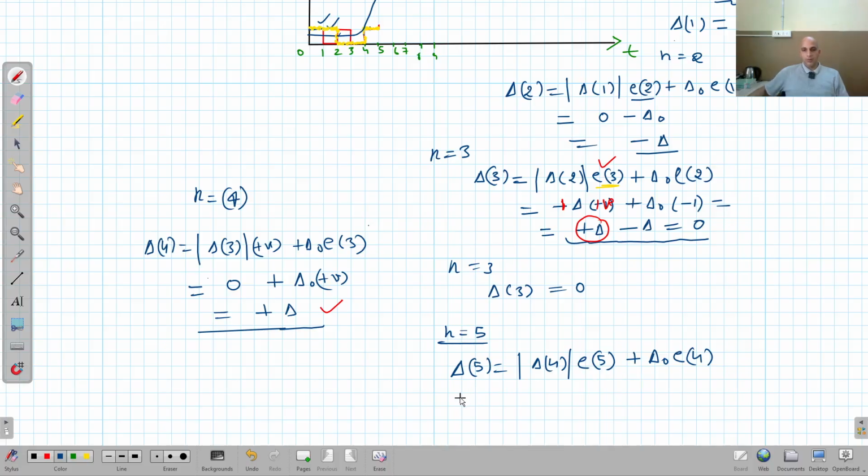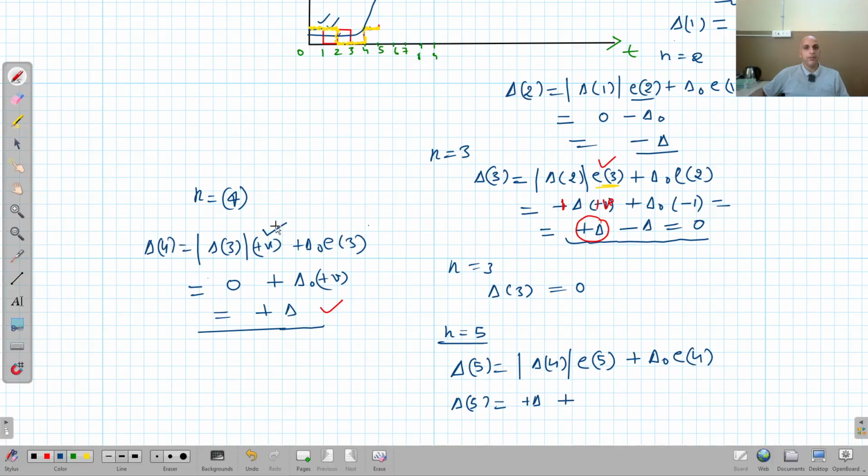Now delta 5 is equal to delta 4 plus delta naught into E4. Plus delta or minus delta doesn't matter because we are taking the modulus. Error 5 is positive, so it becomes plus delta naught into E4, the error at the fourth interval, which is positive.